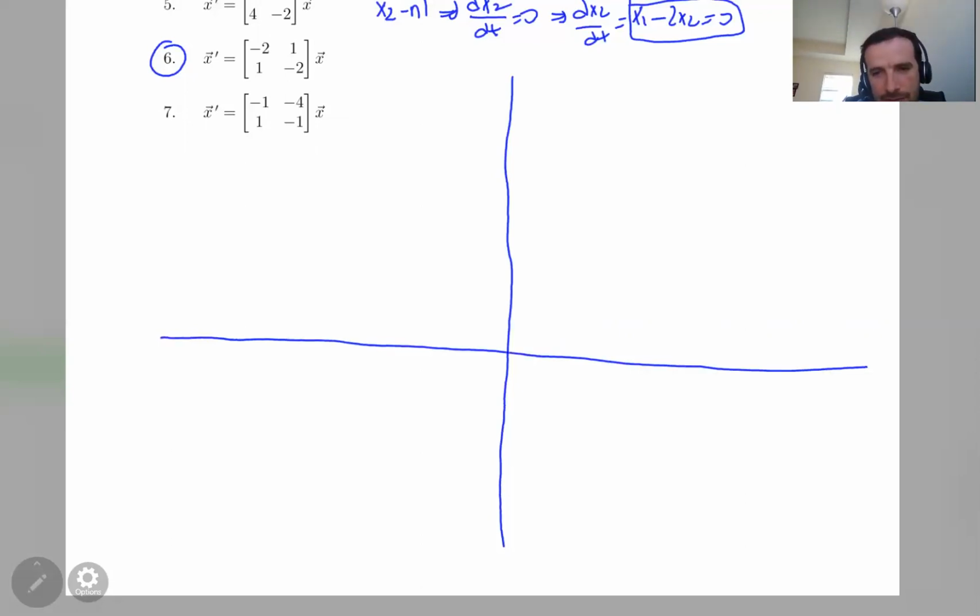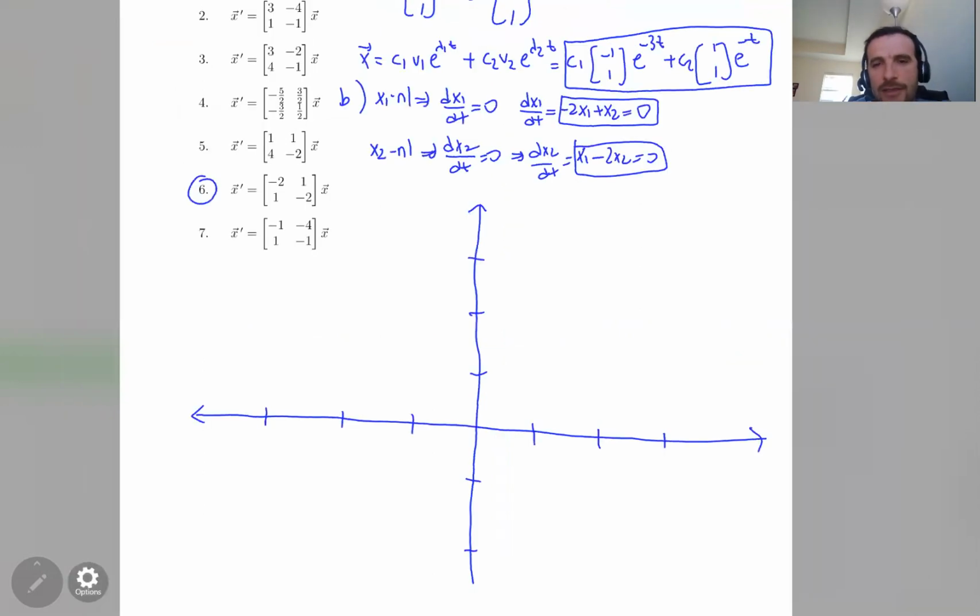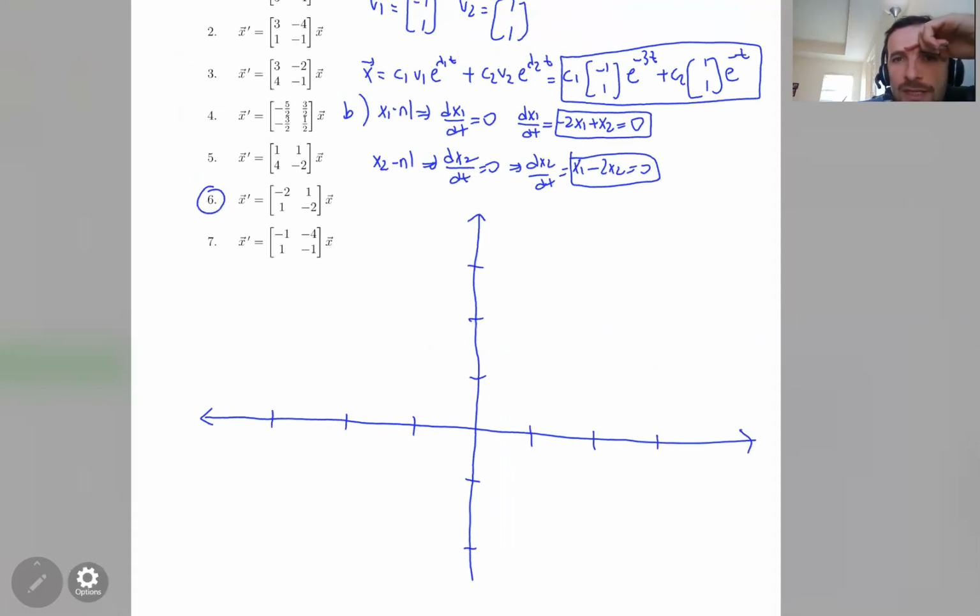They're not really straight, but I'm doing my best. Now, let's first find the straight line solutions. The eigenvectors: negative 1, comma 1.